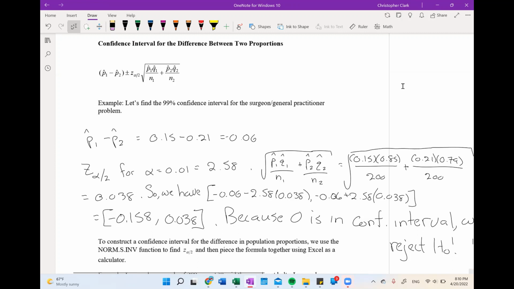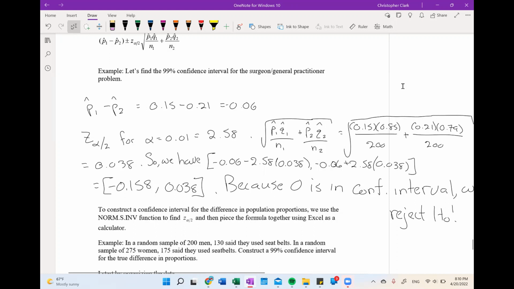So let's go to the surgeon and general practitioner problem and calculate a 99% confidence interval for that. So let's remember that our P1 hat in that case was 0.15, and P2 hat was 0.21. If we do that difference, we get negative 0.06.